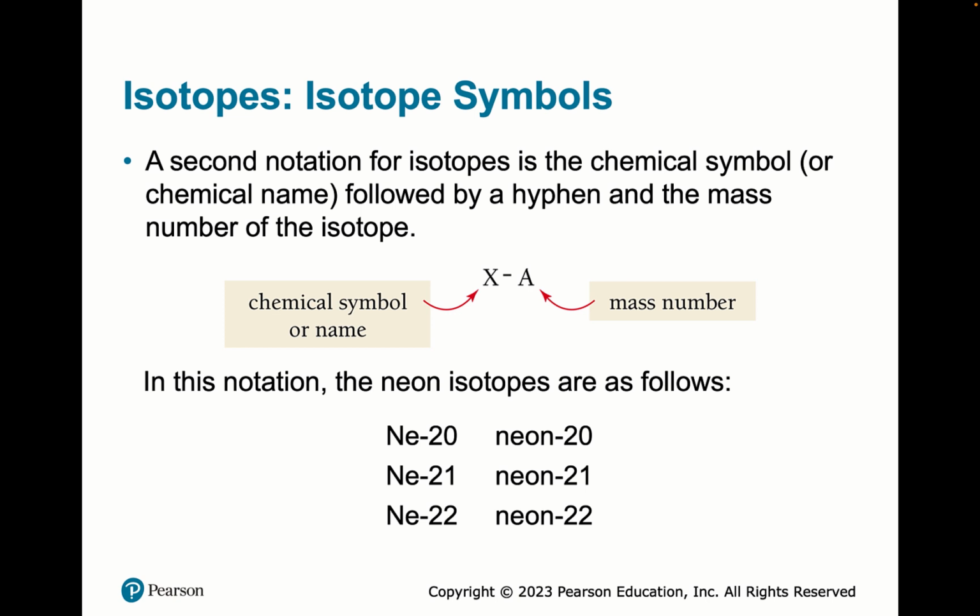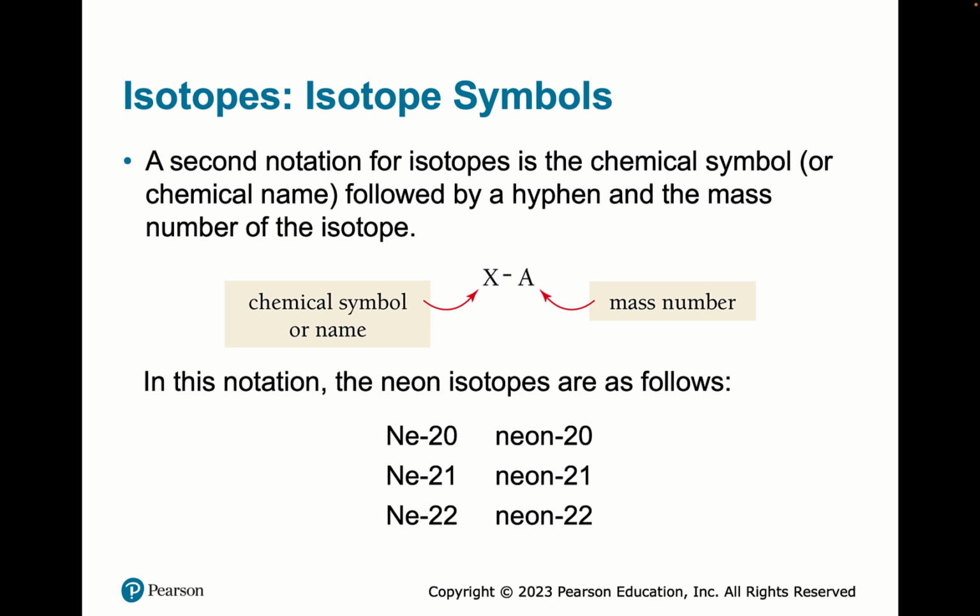Sometimes we just use a hyphen. So neon in the periodic table is capital N, lowercase e, and which letter is capital and which is lowercase is important. Capital C, capital O is the molecule carbon monoxide, and capital C, little o is cobalt.